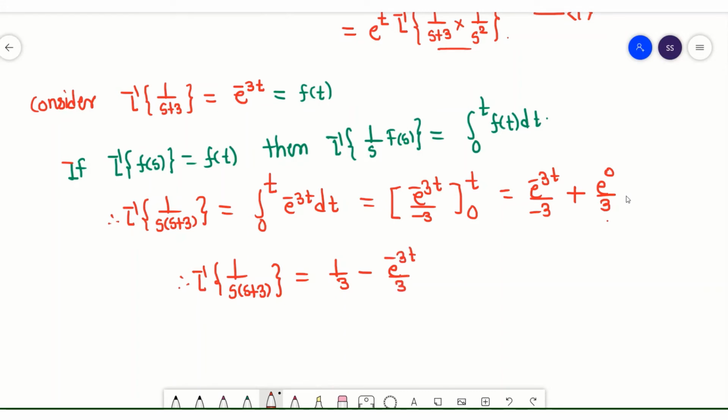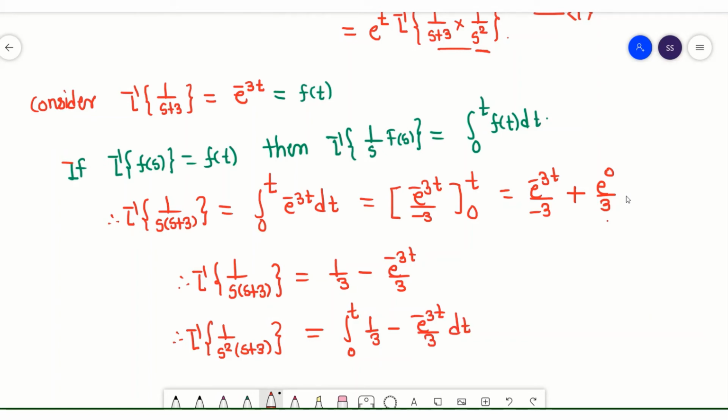Now one more time we have to use the division by s property, because there is an s square term, as you can see here. So again by using the division by s property, we have the Laplace inverse of 1 upon s square times s plus 3, and this time it is the integration of the new f(t), that is, 1 by 3 minus e to the power minus 3t divided by 3 dt.